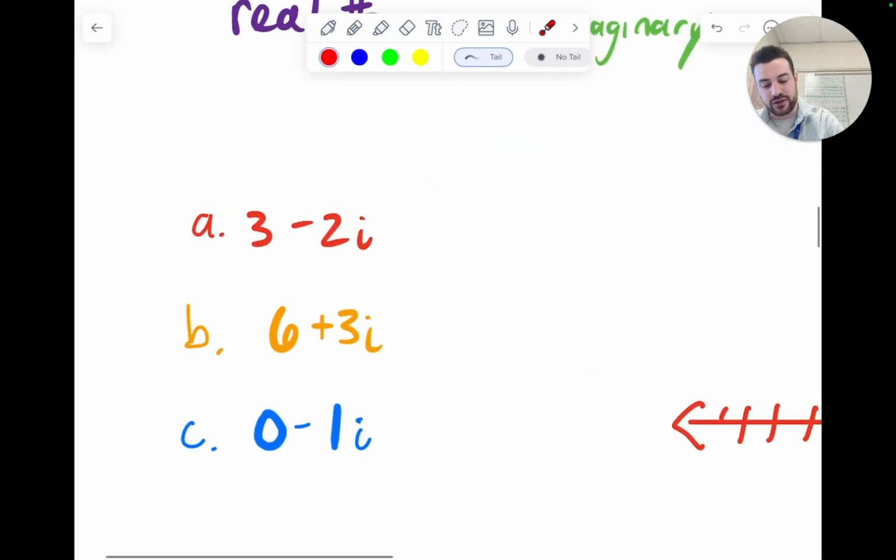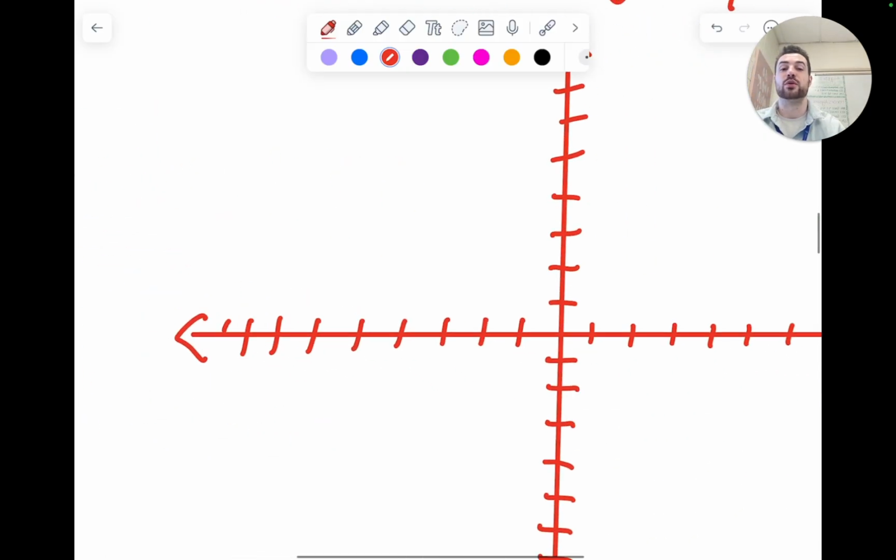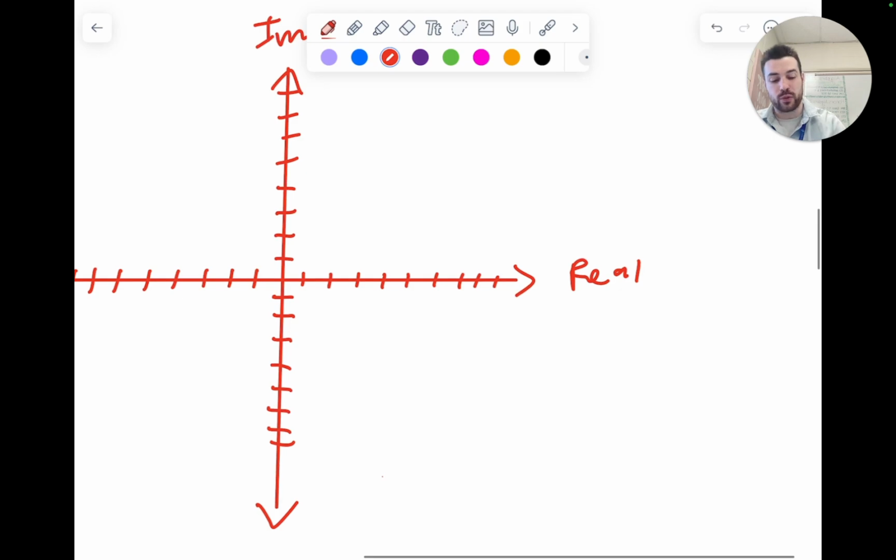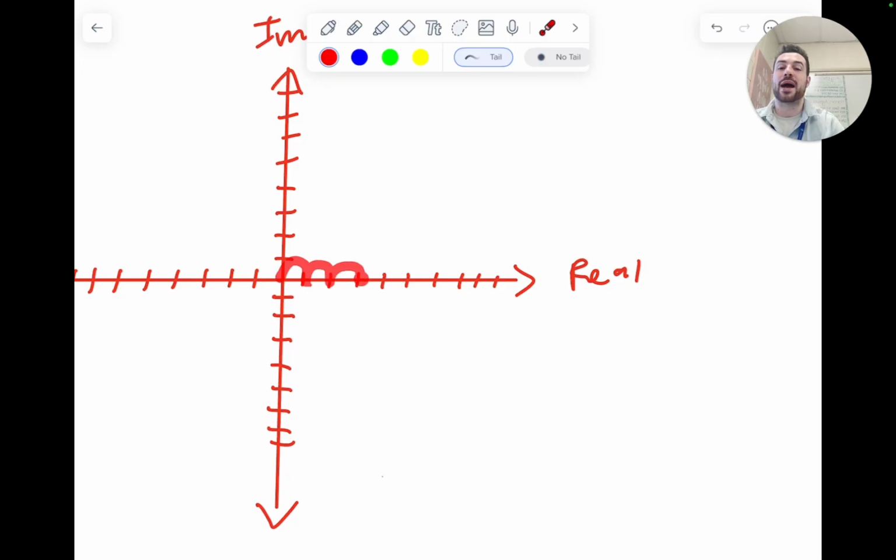Let's take a look at our first example. We've got 3 minus 2i. Well, if we are going to graph that, what we need to do is go to the right 3, 1, 2, 3, and then our imaginary value is -2. So we're going to go down 1, 2 in our imaginary direction, and we will get a point right here.